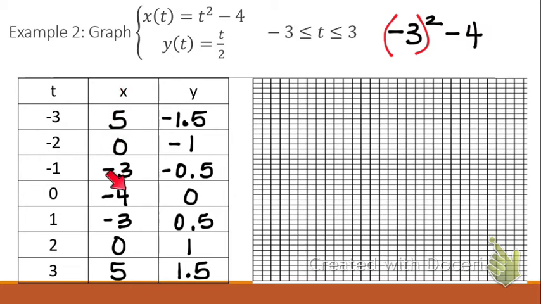So I'm noticing that my x values, I need to go all the way back to -4. So when I put down my y-axis, I'm going to put it a little closer to the middle.